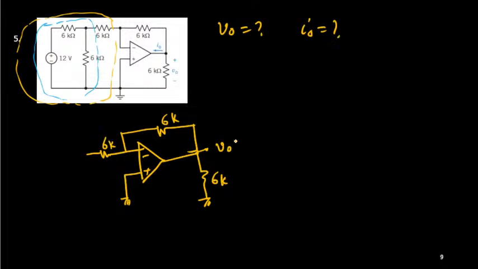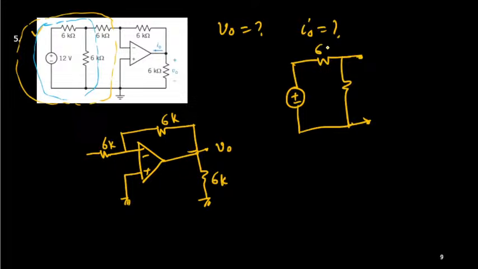Okay, so now this blue network. Can I simplify it? This is 6K, this is 6K, and this one is 12 volt.